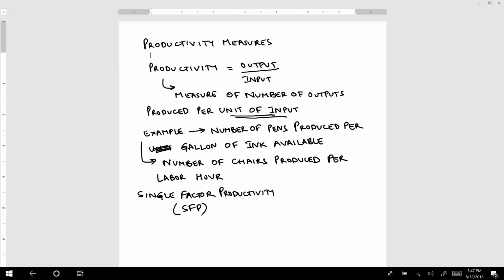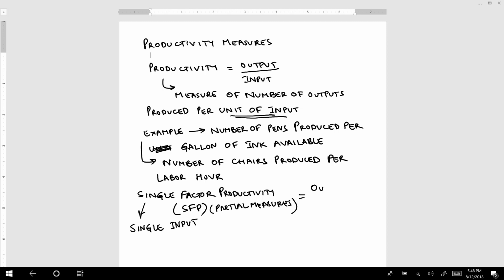As the name specifies, we are using only one factor or one input, single input. Your textbook might call single factor as partial measures. So it has a single input or a single factor.